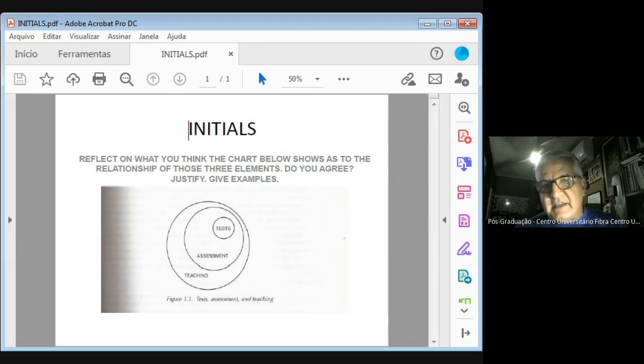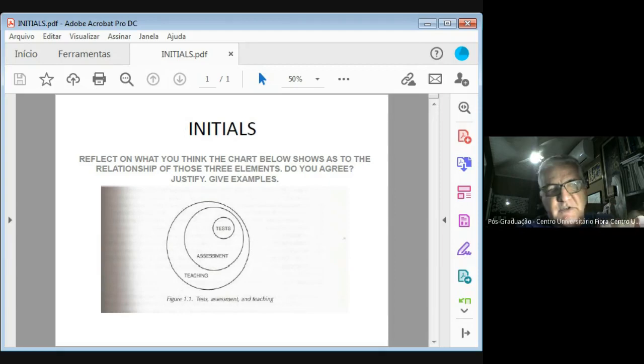You know, as teachers, that when we evaluate, we have three kinds of evaluation: the diagnostic, the formative, and the summative evaluation.